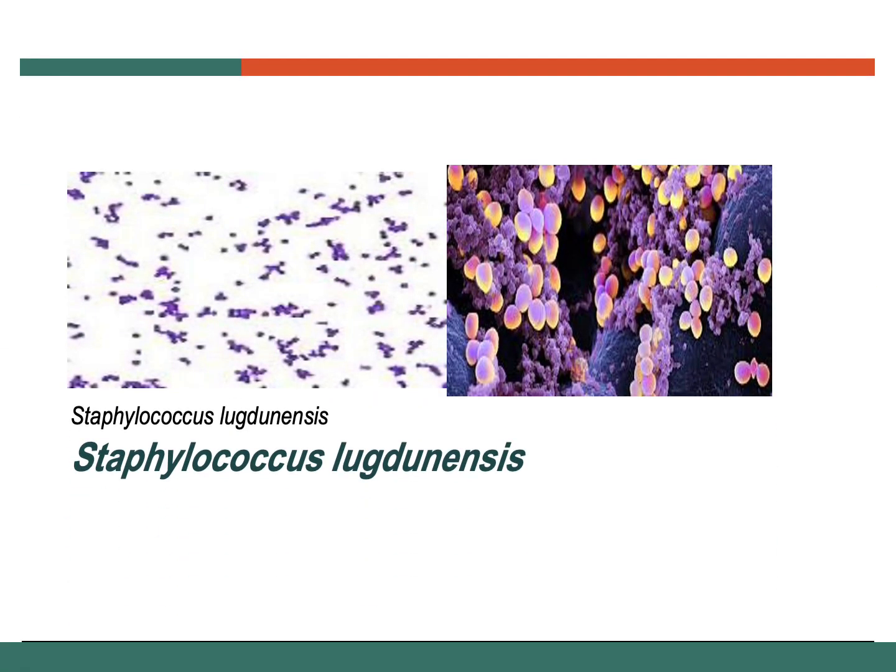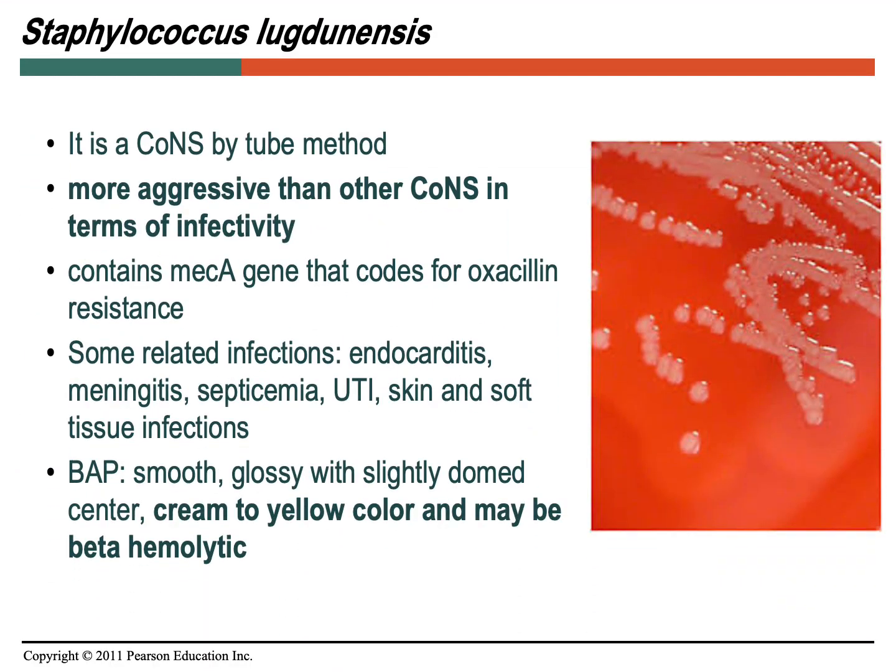You also have Staphylococcus lugdunensis. Why do I include this? Because it is a coagulase negative staph. It is only considered coagulase negative using the tube method. It gives positive results for the slide method.